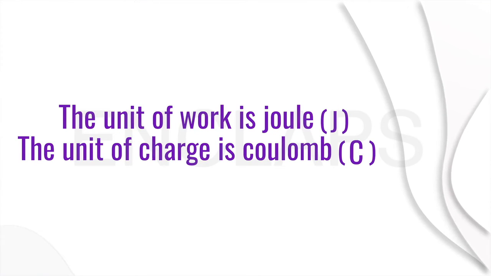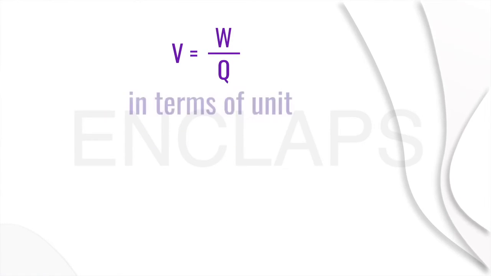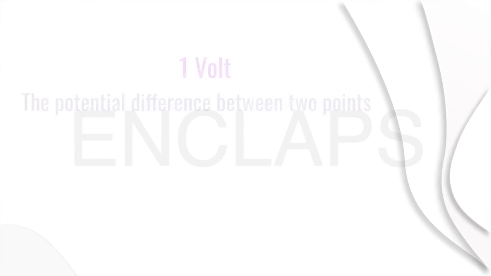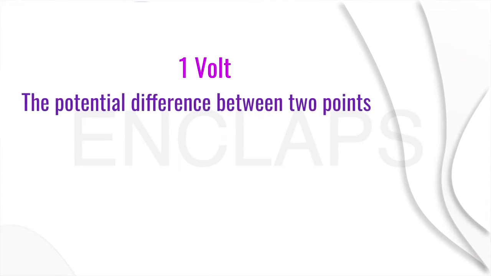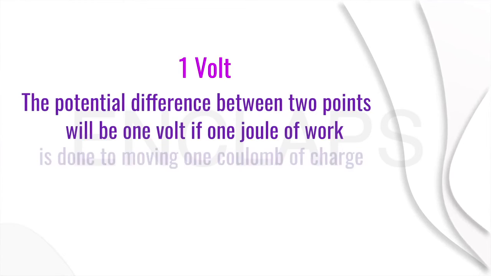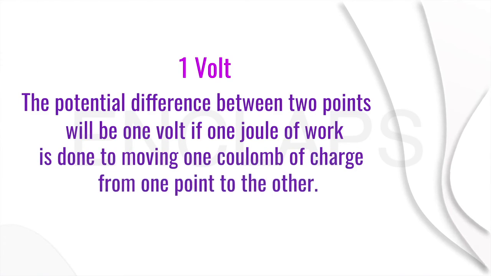Now, if you write it in the formula, we get V is equal to W divided by Q. In terms of units, V is equal to J divided by C. Here the potential difference is 1 volt when the work done is 1 joule and the charge is 1 coulomb. That is, the potential difference between 2 points will be 1 volt if 1 joule of work is done to move 1 coulomb of charge from one point to another.